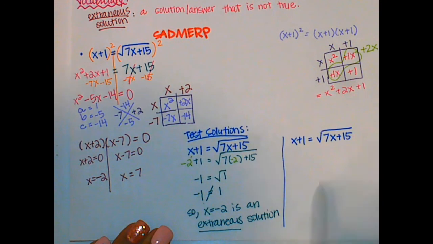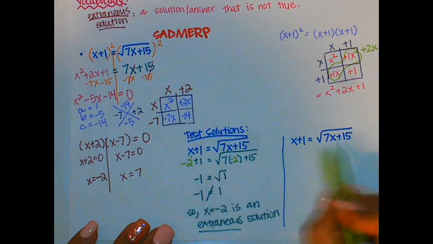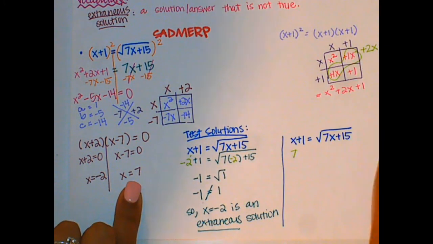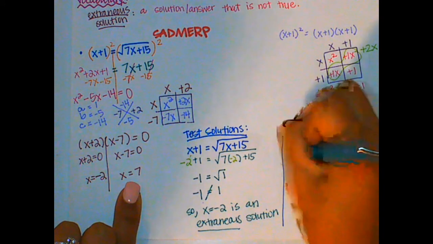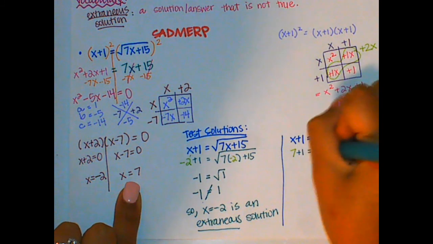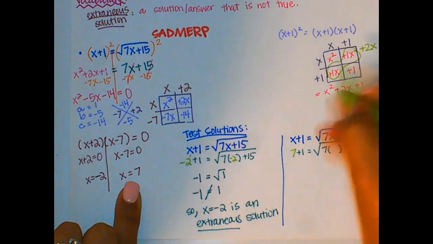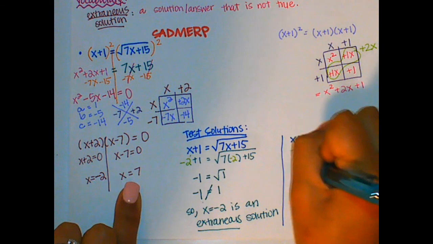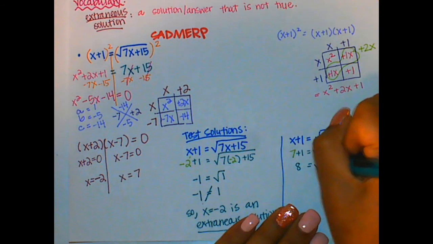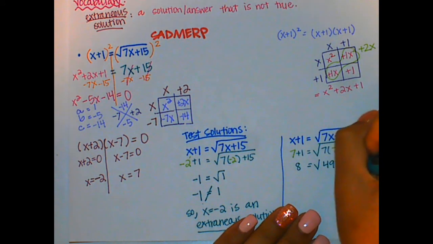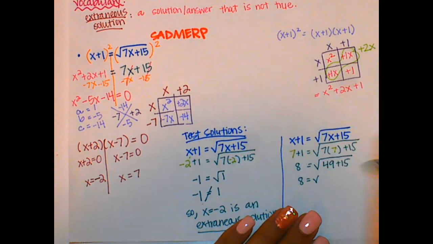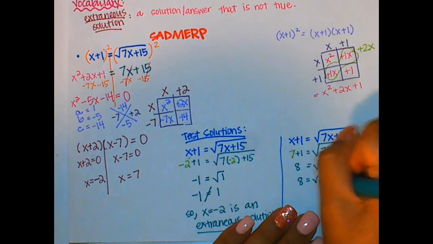Now we look at the next one. Instead of plugging in a negative 2, I'm now going to plug in the 7. So 7 plus 1 is equal to this would be 8. This is the square root of 49 plus 15. 49 plus 15 is 64.